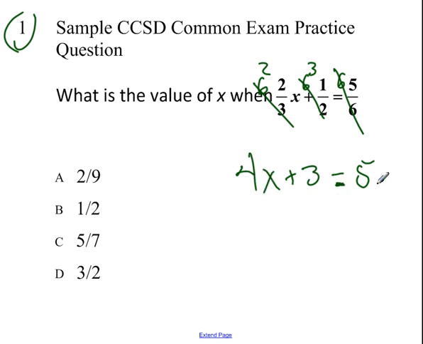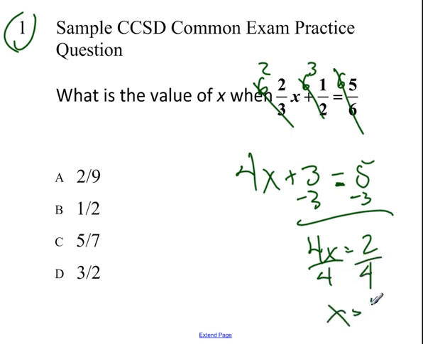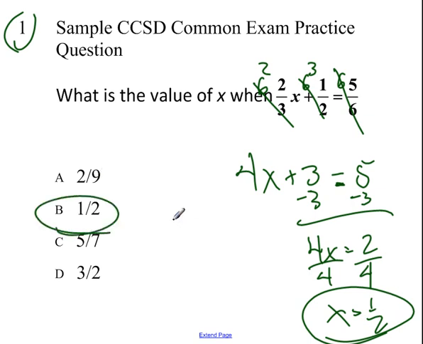So I got 4x plus 3 equals 5. Subtract my 3 on both sides, and divide by 4. And so x equals 1/2. It's an ugly looking 2 down there, but I think you get the idea.